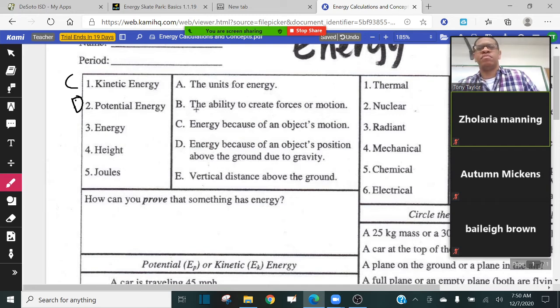The term energy just means the ability to create forces or motion. So we're going to match that with B. 4, height. That's the vertical distance above the ground. So that's going to match with E. And 5, joules. We just talked about that being the unit of energy. So we're going to match that with A.